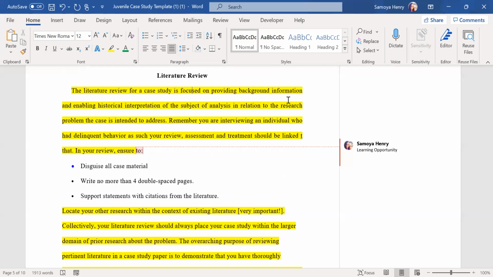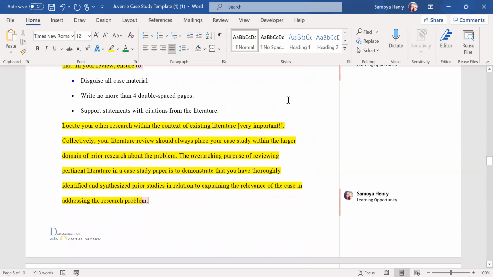And that should come up in your interview, right? Even though you're doing the interview first, the fact that this person was molested, you should see how this sexual abuse really contributed to what has been going on. So you will have the information to be able to write this part.